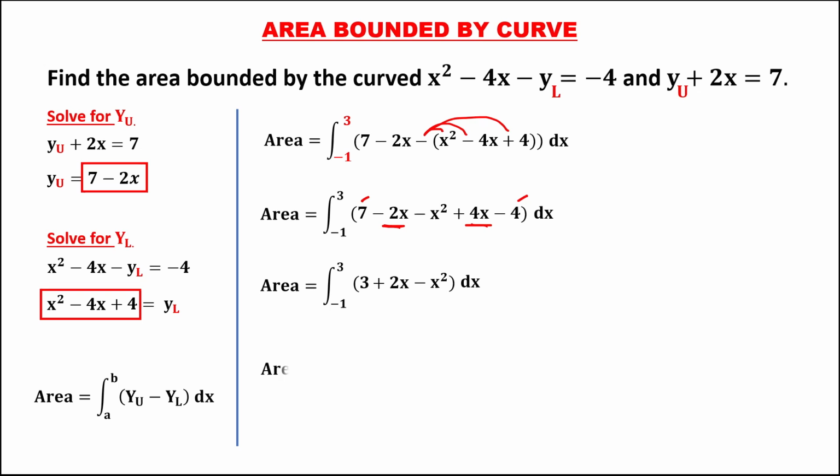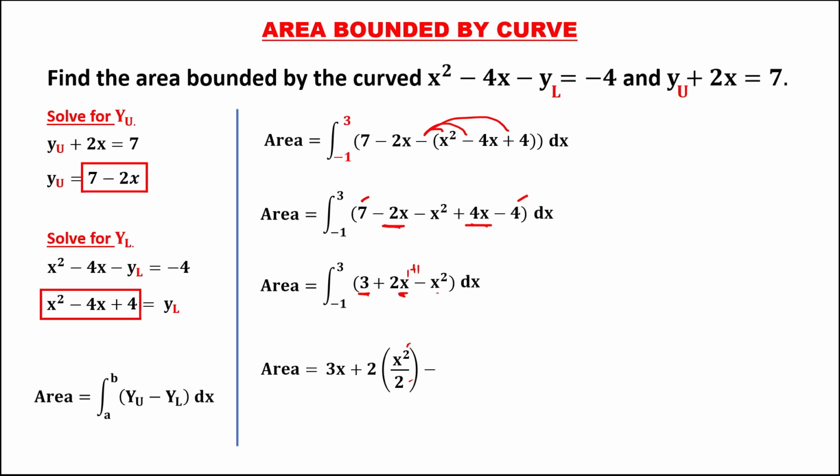Then to integrate this function, since the integral of a constant just adds x, this one is 3x. Then plus, put the constant outside, the integral of x, so this is x to the power 1, plus 1 for the exponent, that's x to the power 2, and the denominator must be equal to this exponent, so over 2.